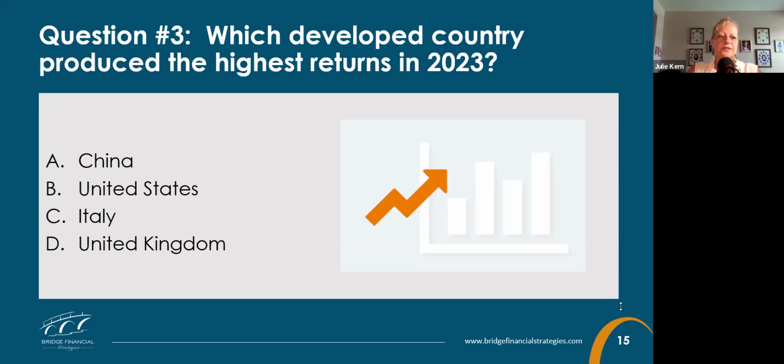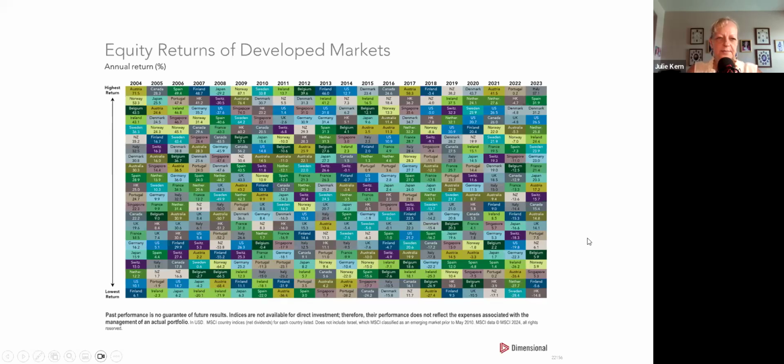Okay, so again, we were split a third, a third, a third between China, Italy, and the UK. And what is the correct answer? Italy. So Italy was the highest. And again, I know this is a little bit small, but this chart shows the basic takeaway is to just look how varied and random the colors are across the chart.